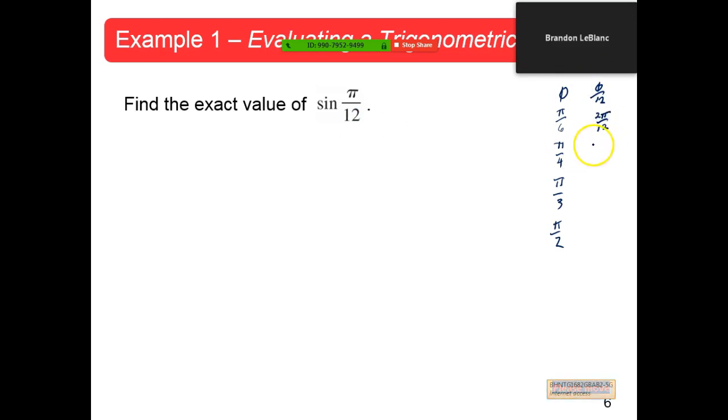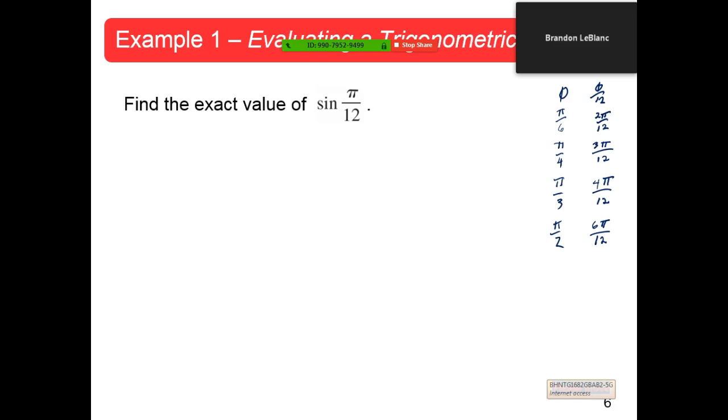What would that be? Pi fourths is how many twelfths? 3 pi twelfths. Pi thirds will be how many twelfths? 4 pi twelfths. Y'all are answering so well. And pi halves will be how many twelfths? 6 pi twelfths. Right?